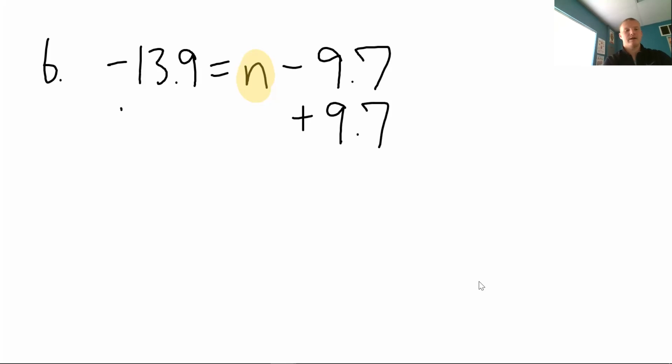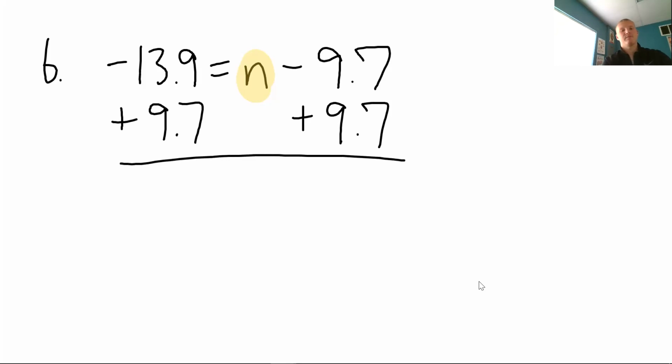Yes, I add 9.7 to both sides of my equation. And the reason I'm doing that is because negative 9.7 plus 9.7 is going to be 0. So that's the whole point, I want there to be nothing left except for my unknown variable on one side of my equation.